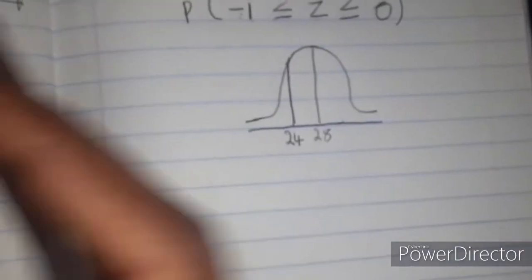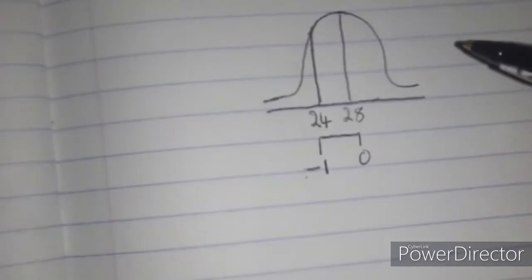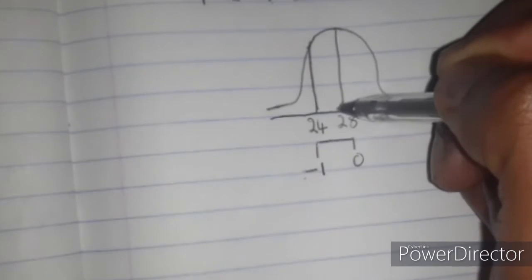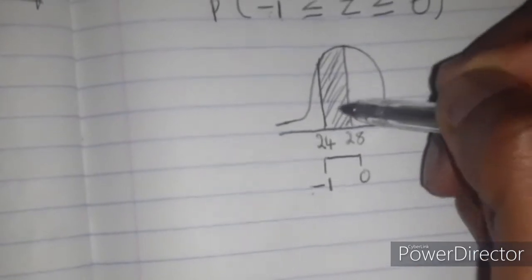This side is for the negative values, with 0 in the middle. So we got negative 1, within 2 years or within 24 months. We are going to shade here between 0 and this negative 1.